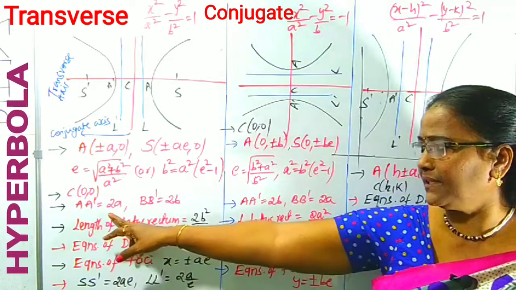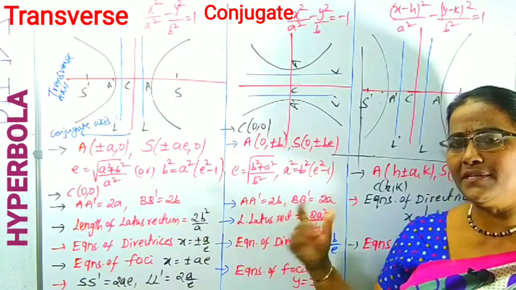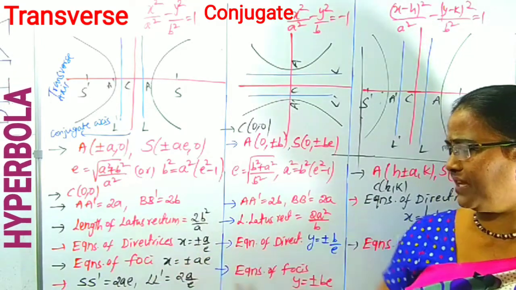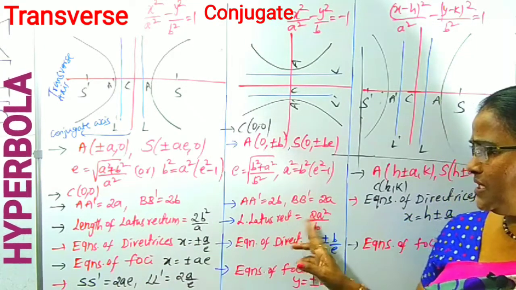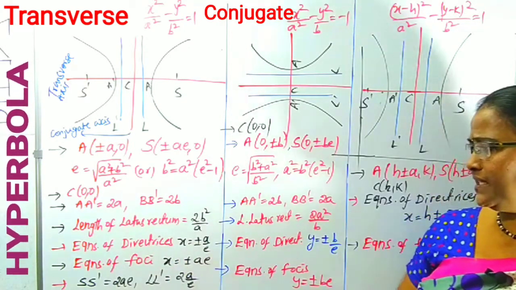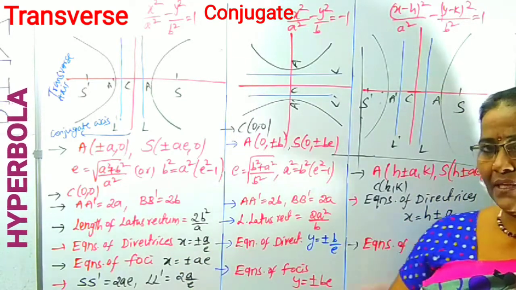And here the length of the transverse axis is 2a, here 2b, because, as I already said, both will be exchanged. In the same way, the length of the latus rectum was 2b square by a, here it is 2a square by b. For the equations of the directrices, in place of x we can take y, and in place of a we can take b. That's it.